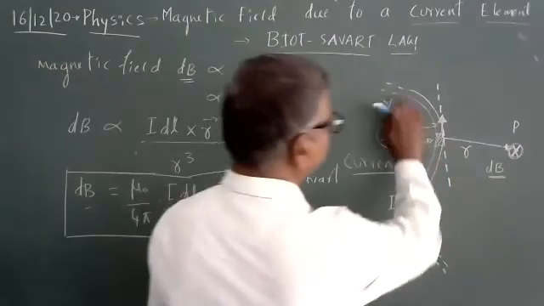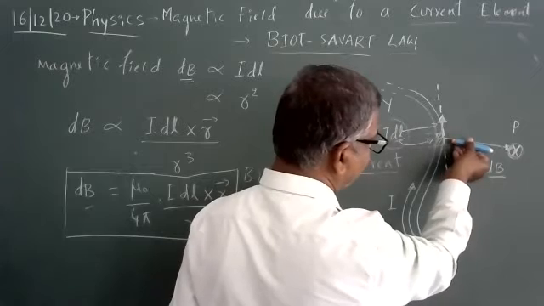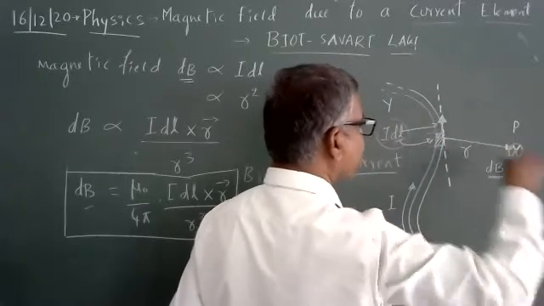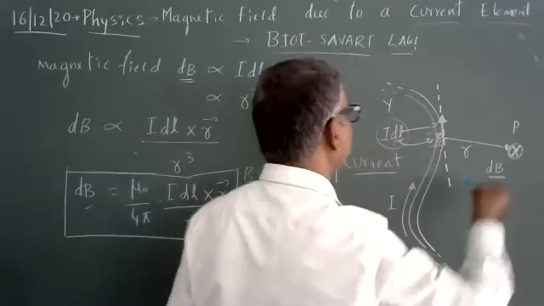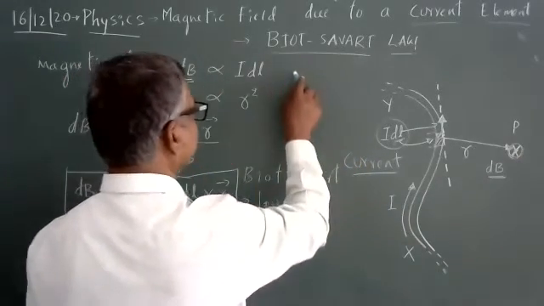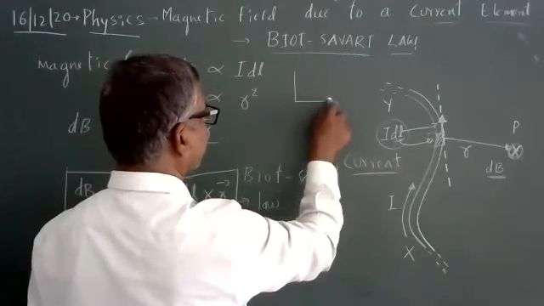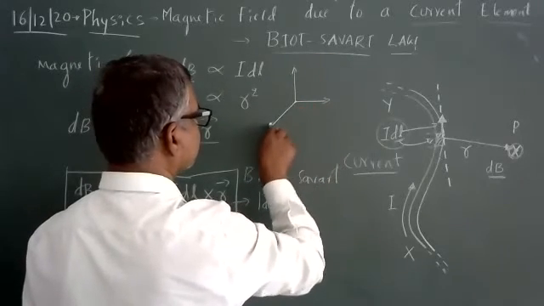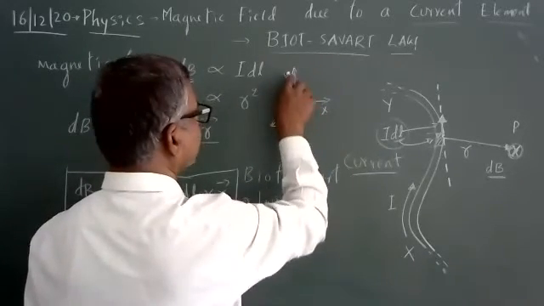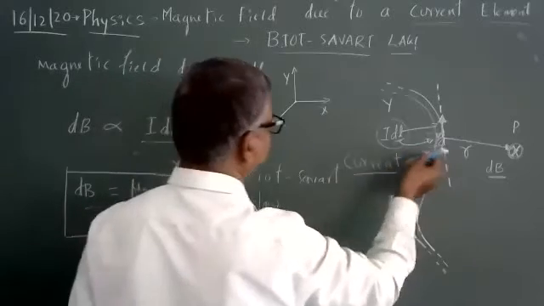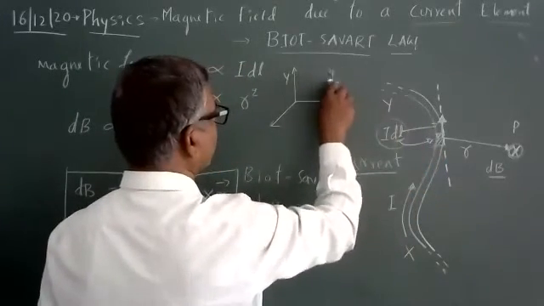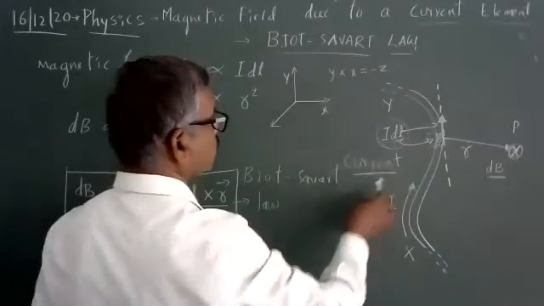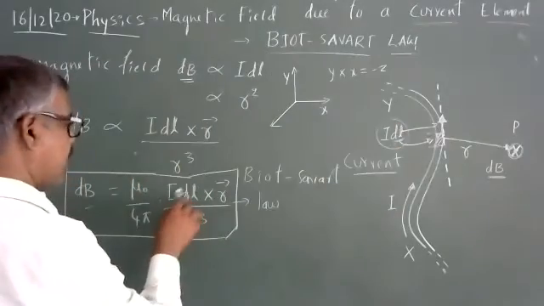See here, if this is a plane, the radial vector is in the plane and this current element is also in the plane, whereas the magnetic field is perpendicular to the plane. So if I take x and y in the plane, with x-axis and y-axis, it is y cross x. Y cross x is minus z, because I dl is along y.